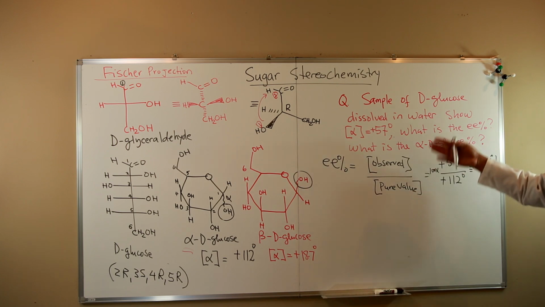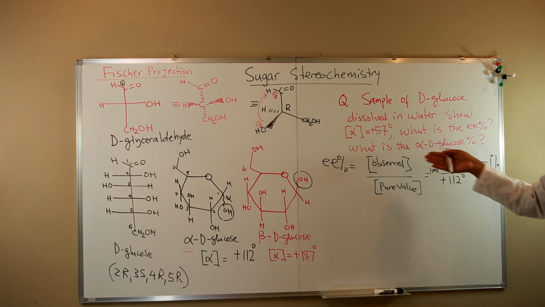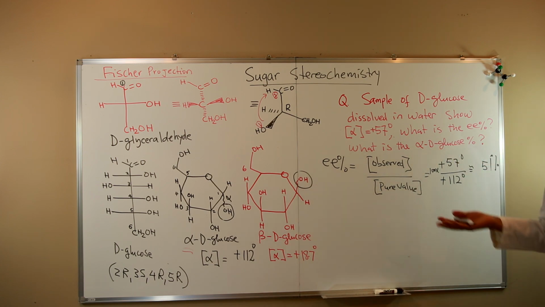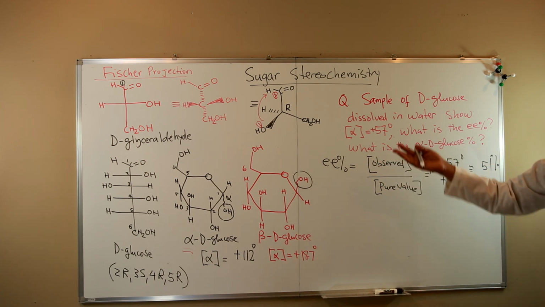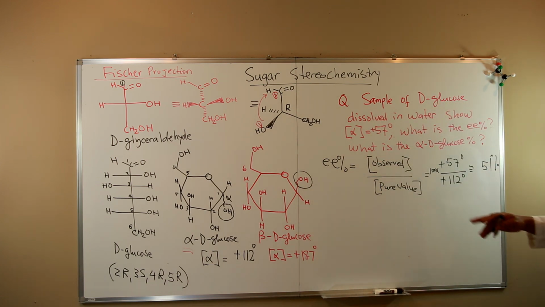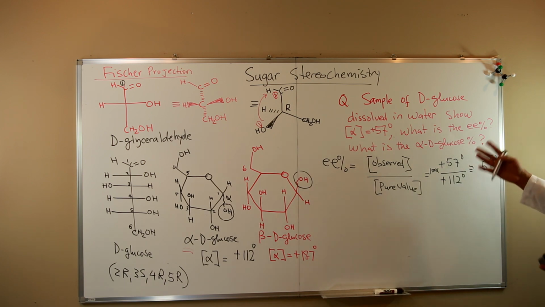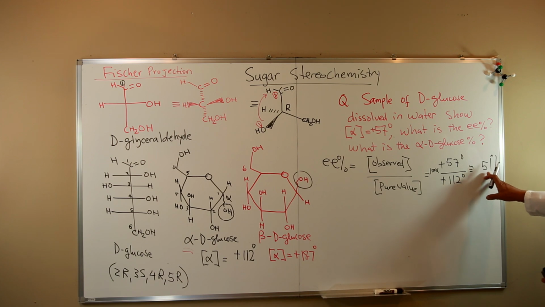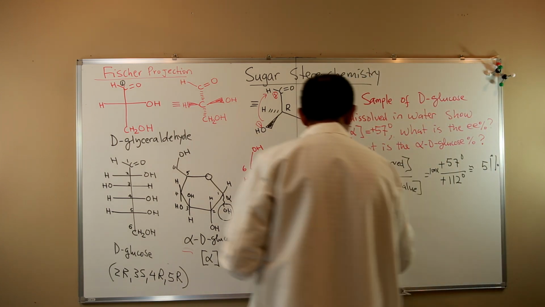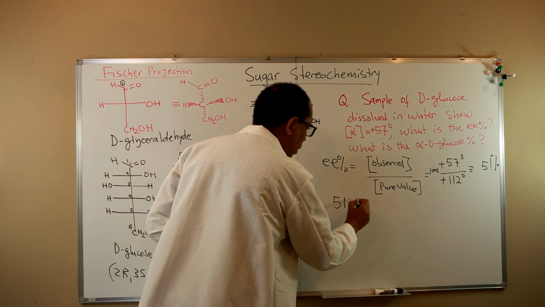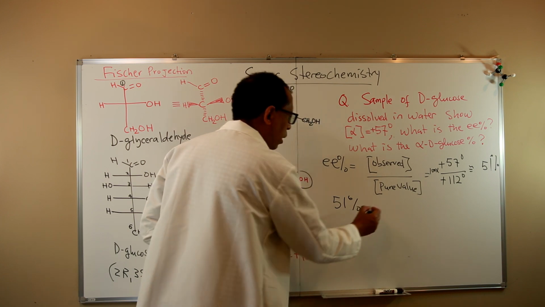Now, the next question asks what the total alpha D-glucose in this sample is. First of all, the enantiomeric excess is 51%, which is purely the alpha.